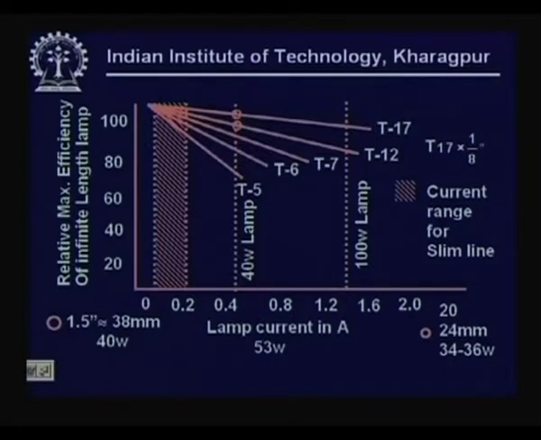Now, you do find 38 mm or 1.5 inches is a normal lamp which we have been using, and they are known to consume 40 watts. Here I must caution that this 40 watts is the power consumed within the fluorescent lamp or the tube.